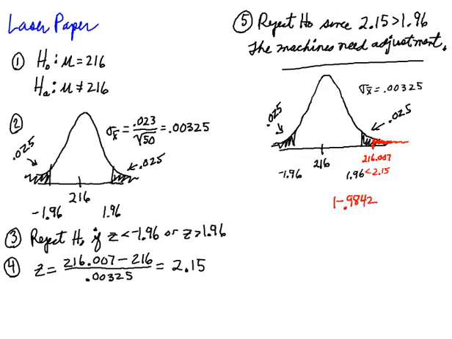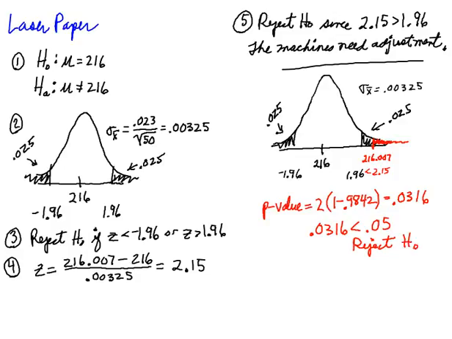And since this is a two-tail test, I want to compare it to our original level of significance at 0.05, so I'm going to multiply this by 2, and that is my p-value. This is equal to 0.0316, and 0.0316 is less than 0.05, so I reject H sub 0 using the p-value method.